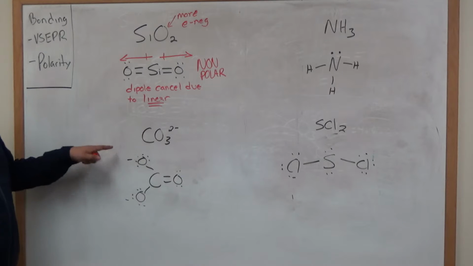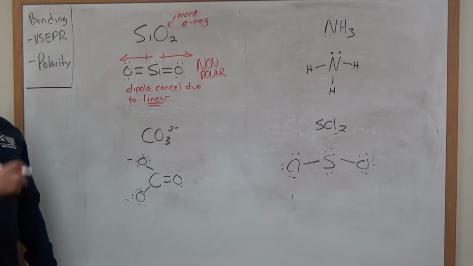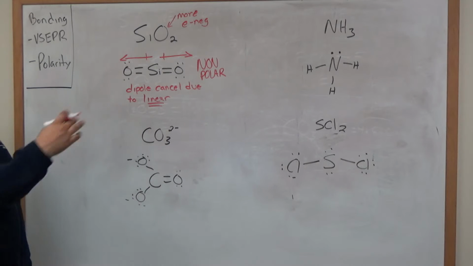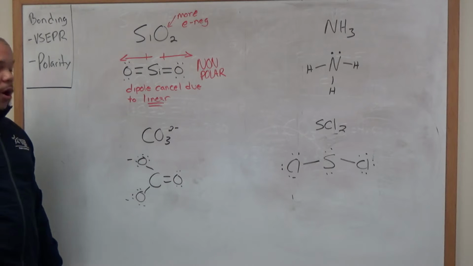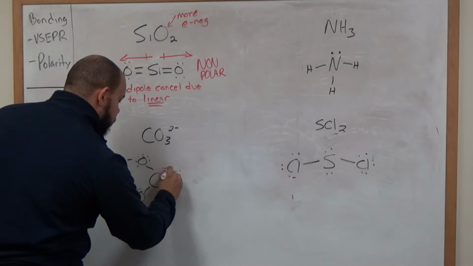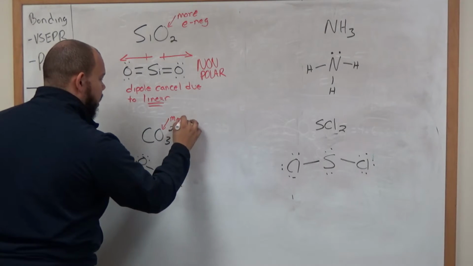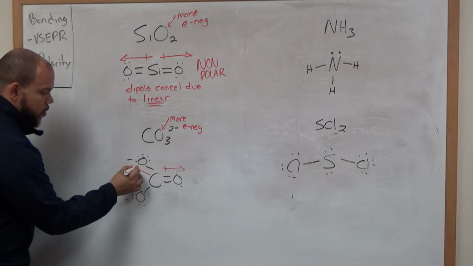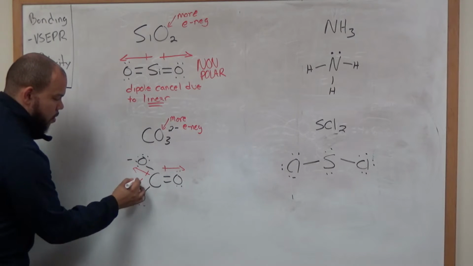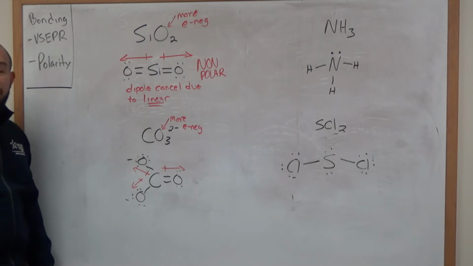Okay, if we take a look at carbonate, if we use the trend of electronegativity increasing up and to the right, we see that oxygen is further to the right than carbon. So oxygen is again more electronegative, and oxygen will have the dipoles in its direction, these vectors.